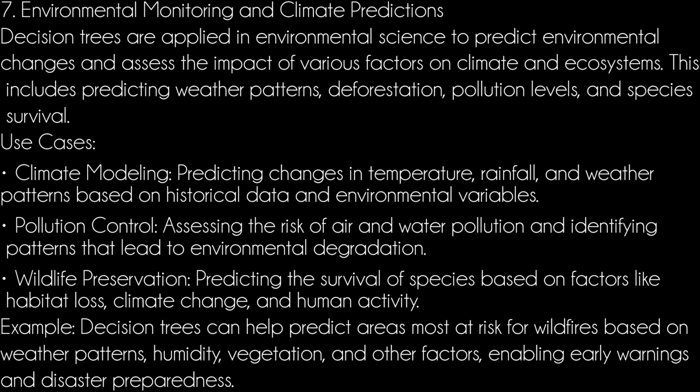Wildlife preservation, predicting the survival of species based on factors like habitat loss, climate change, and human activity. Example: decision trees can help predict areas most at risk for wildfires based on weather patterns, humidity, vegetation, and other factors, enabling early warnings and disaster preparedness.